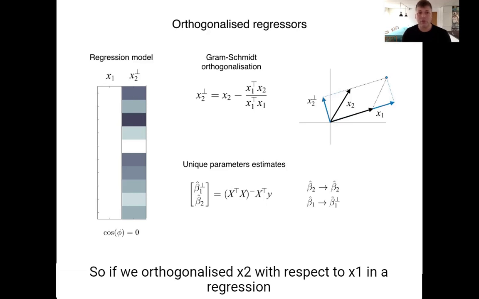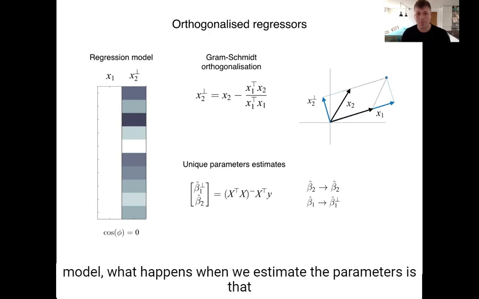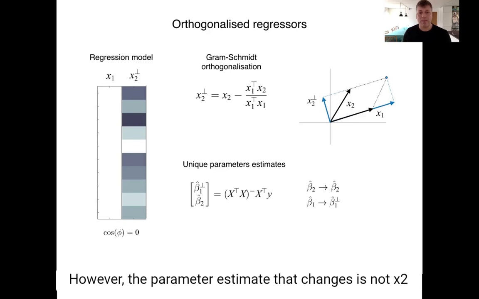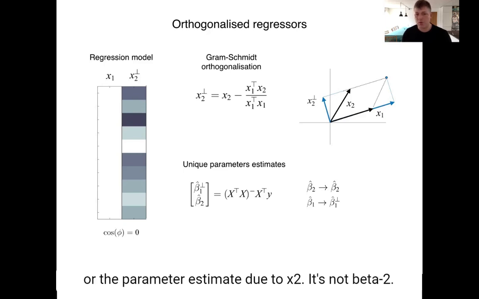So if we orthogonalize X2 with respect to X1 in a regression model, what happens when we estimate the parameters is that we get unique parameter estimates. However, the parameter estimate that changes is not X2, or the parameter estimate due to X2, so it's not beta 2.